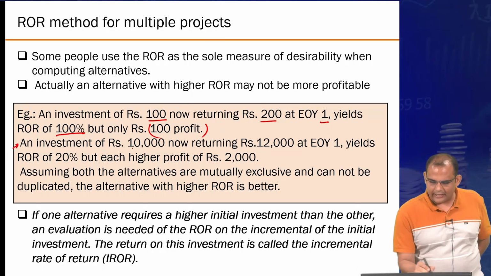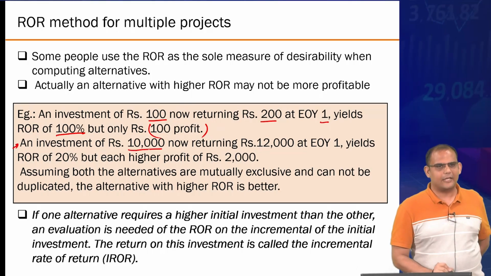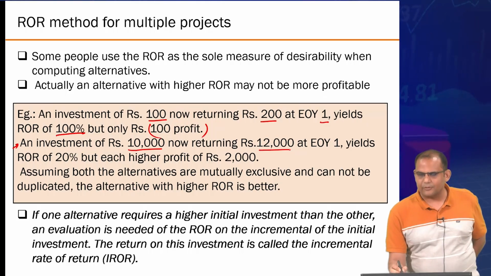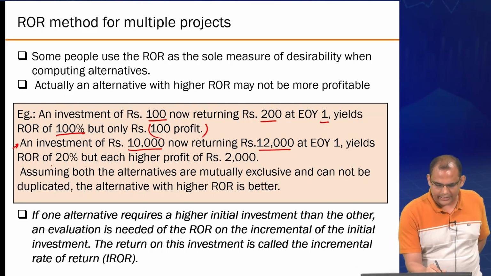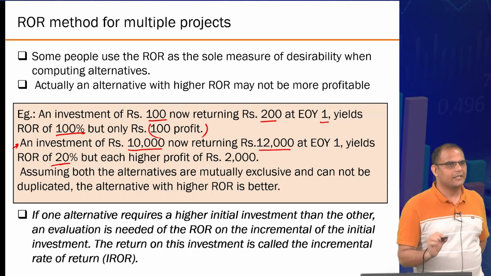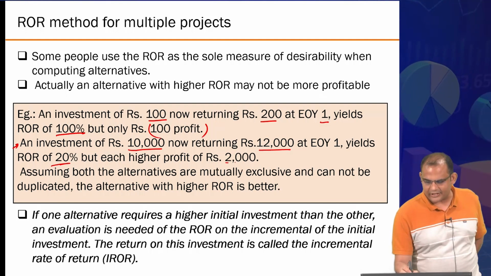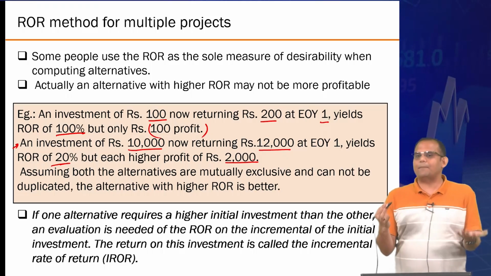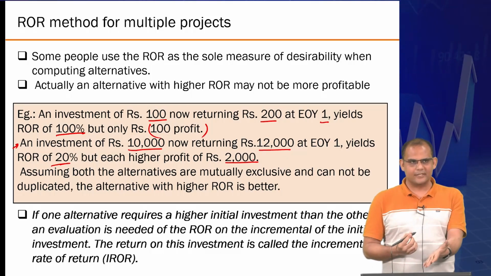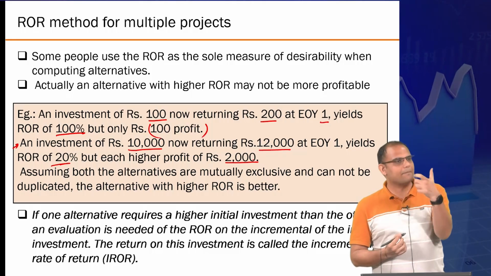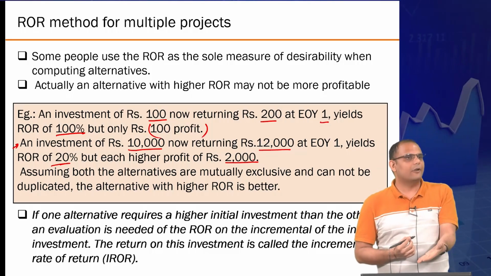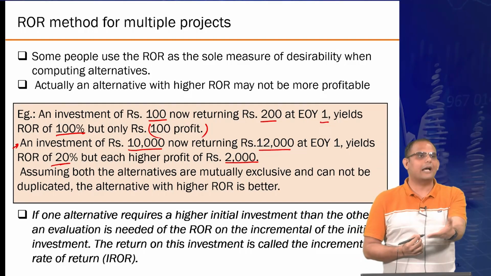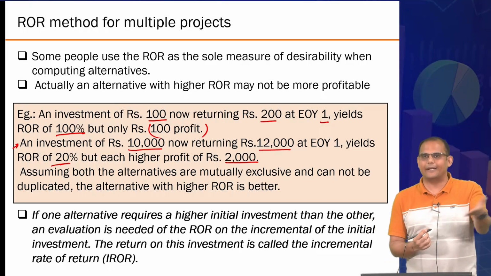But on the alternative, let's say you could have invested 10,000 rupees and you are getting only 12,000 rupees. So, your rate of return for this is of course just 20%. But the absolute amount of profit that you are generating is 2,000 rupees. So, if you had the paying capacity of 10,000 rupees where you could maximize your absolute amount of profit, why not go for the second option, even though the ROR of the first option is much higher compared to the second option, right?